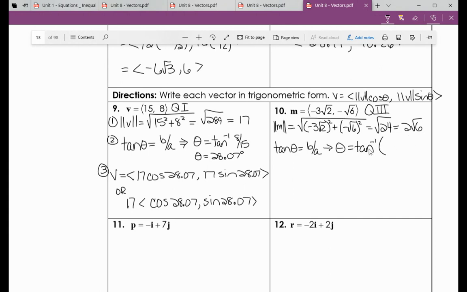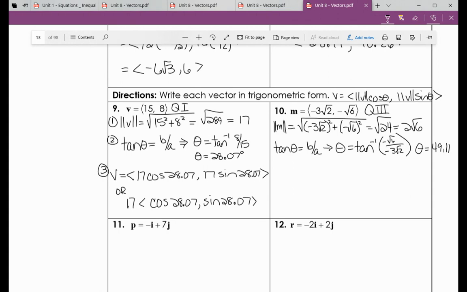So I'm going to take inverse tangent of negative square root 6, divided by negative 3 square root 2. When you do this initially, I apologize, my calculator turned off. And that gives me a theta that is 49.11.